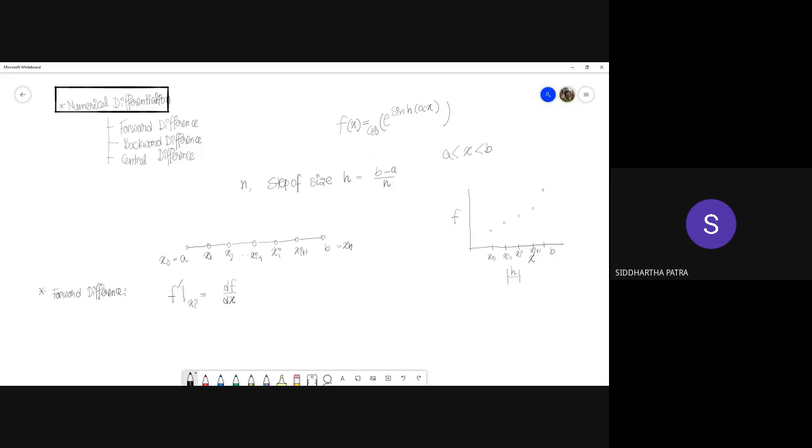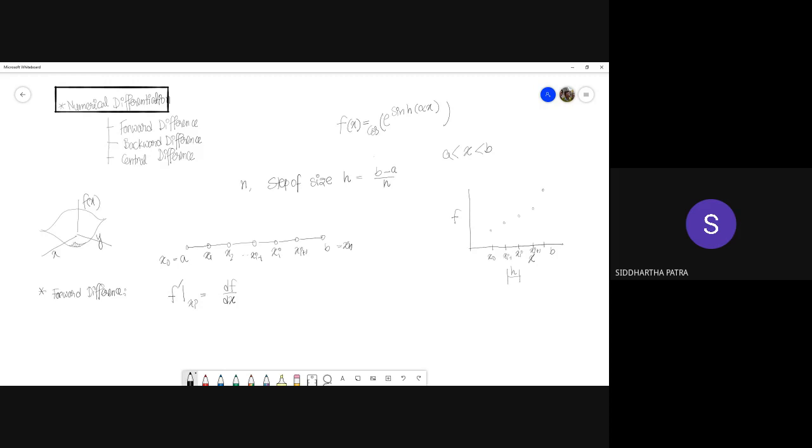If there are more than one independent variable, for instance a function of two variables x and y, which would essentially be a surface of some sort, then this is ideally a partial derivative. But since we are working with only a single independent variable, we can write this as a total derivative.